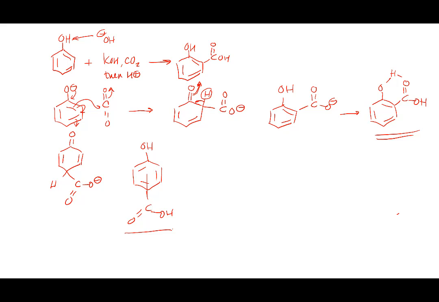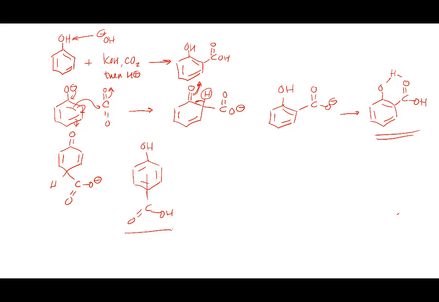And so if we're looking at that, and we're doing this reaction under probably what would be considered thermodynamic conditions, because I'm not doing this at low temperature, then most likely I'm going to get the lowest energy product.